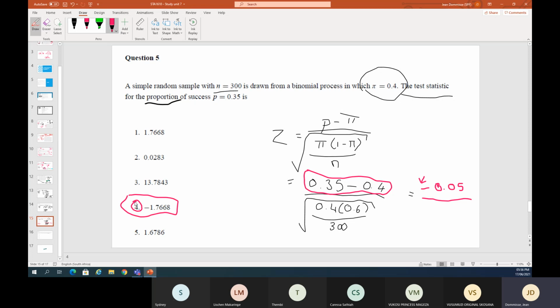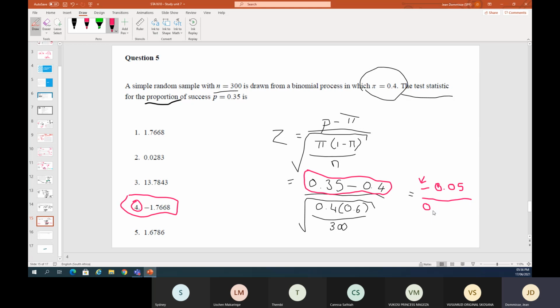So for this question we didn't even need to go any further, because we knew the answer is going to be negative and only one solution is negative, so we can take option 4.